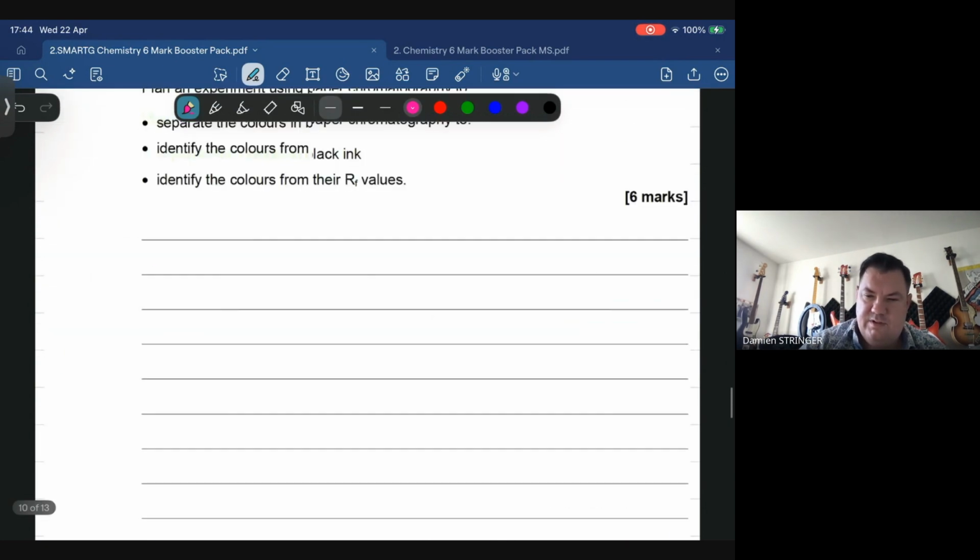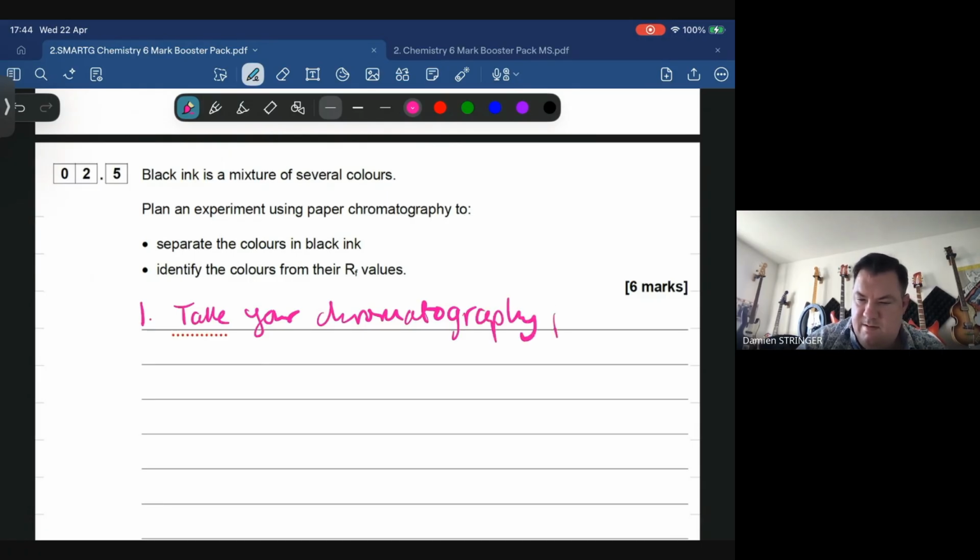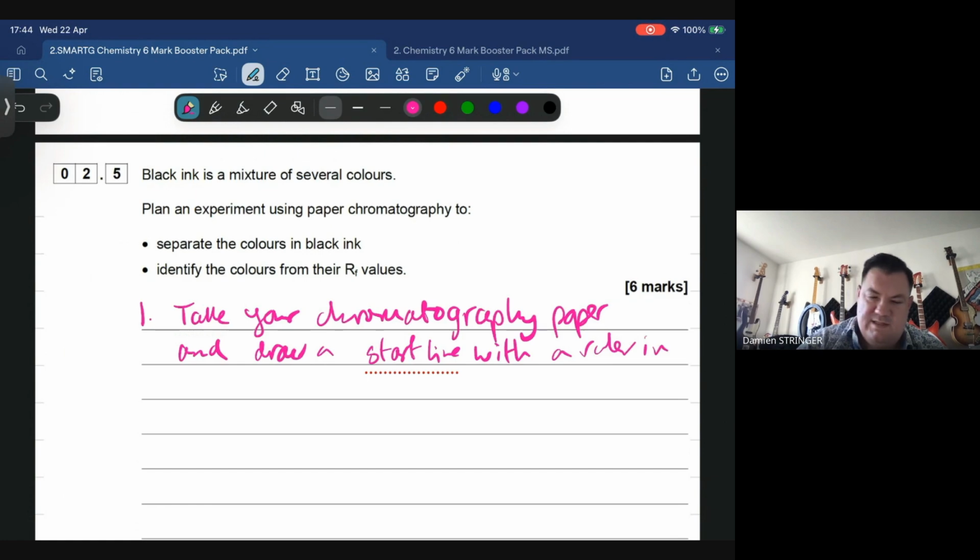So number one, and there's no problem in doing this as a list. One, take your chromatography paper and draw a start line with a ruler in pencil.